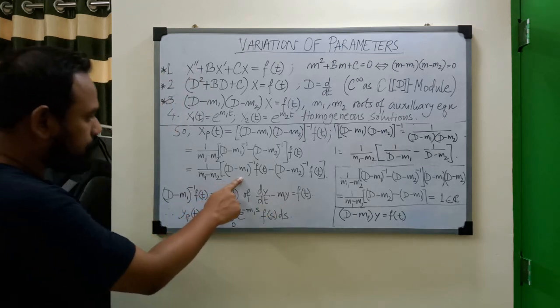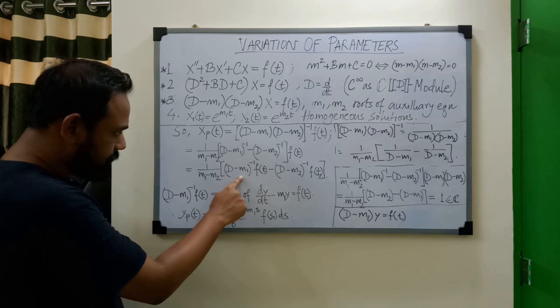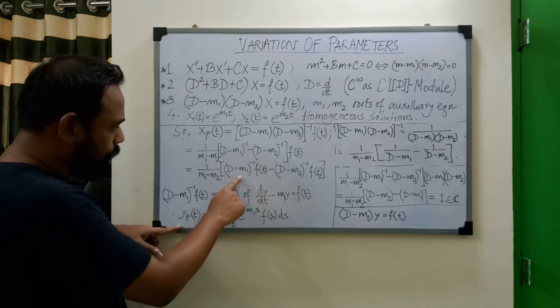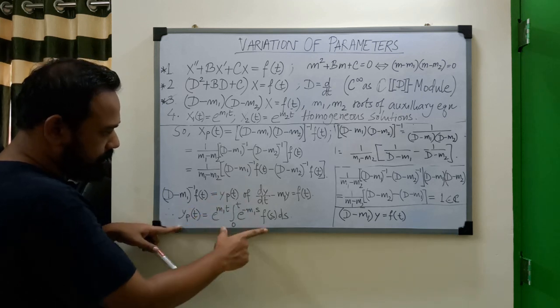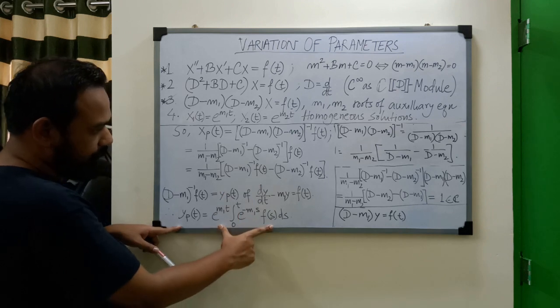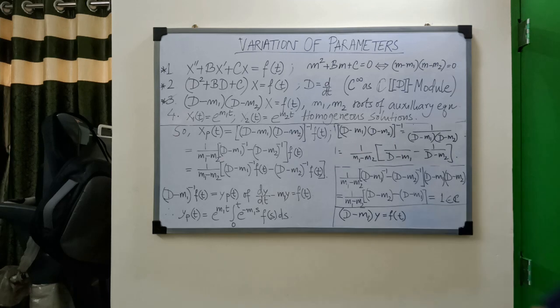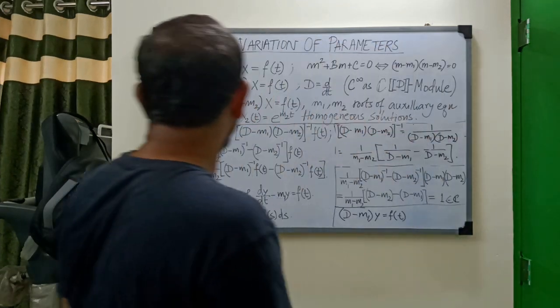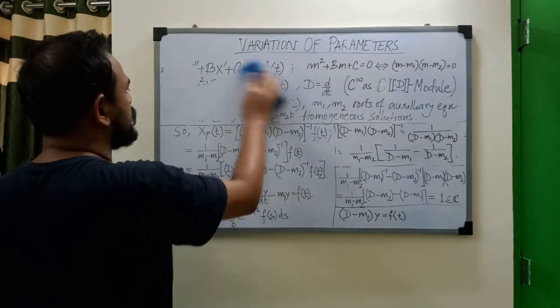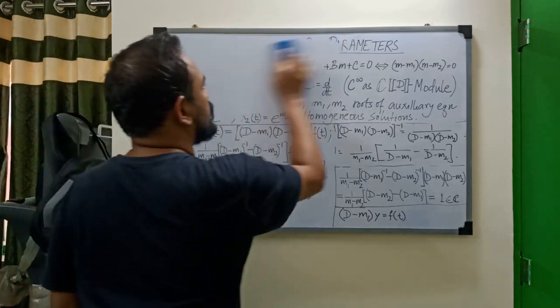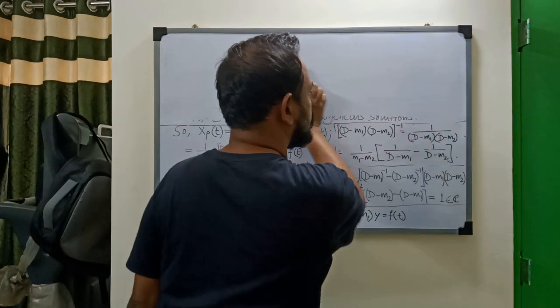So therefore we know this is the yp(t), and yp(t) is this. So this really is this formula. Let's just write that. I'm going to rub out these things here.